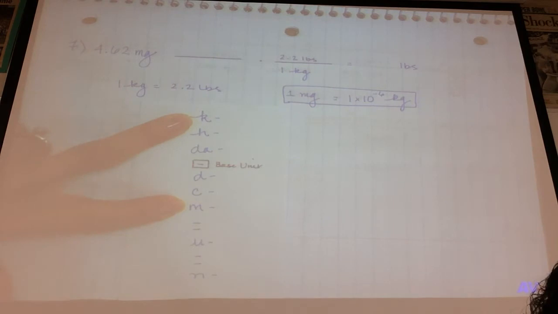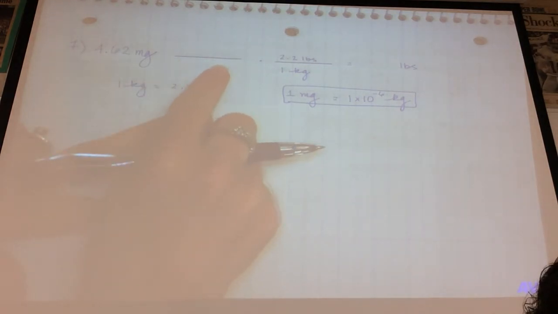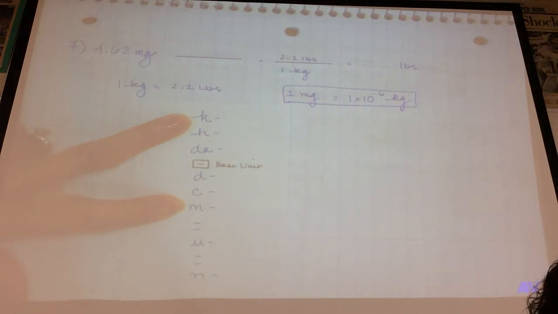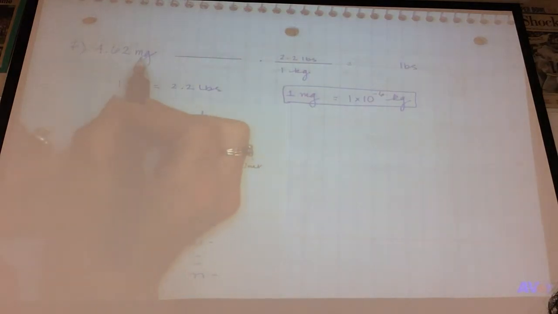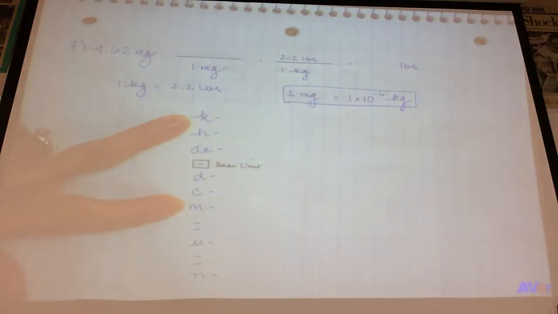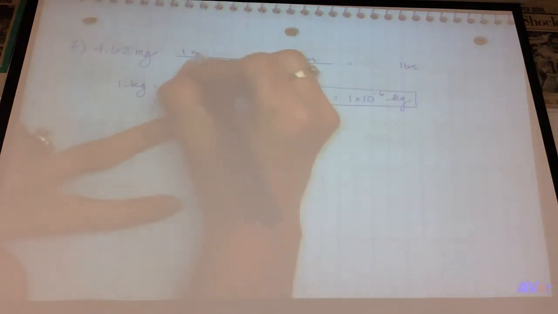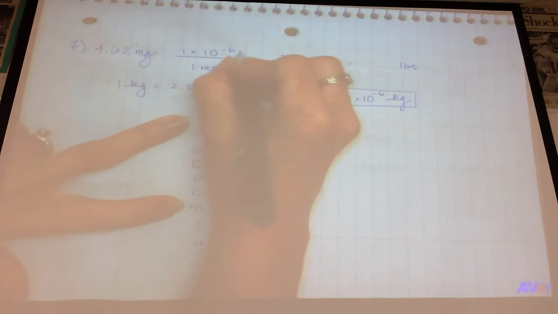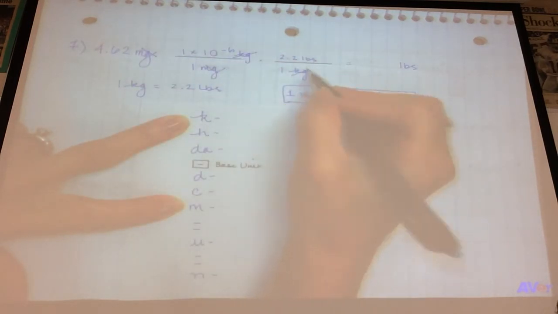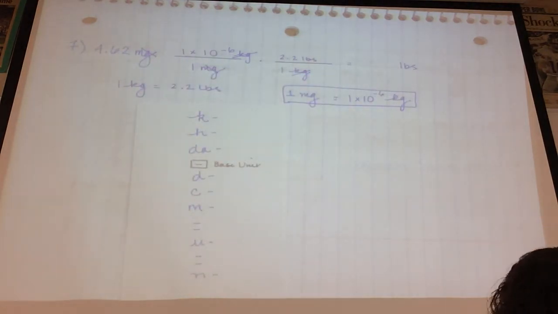And in doing so, you have the missing piece. And we're going to do a couple of these. This is a little trickier. If milligrams is here, then I'm going to put the 1 milligram here. And the 1 times 10 to the negative 6 kilograms here. And I've got my problem.